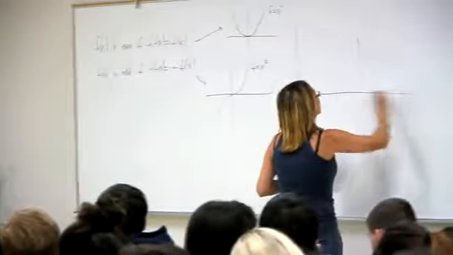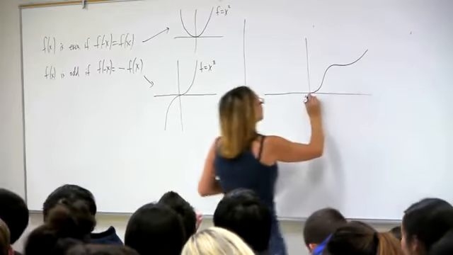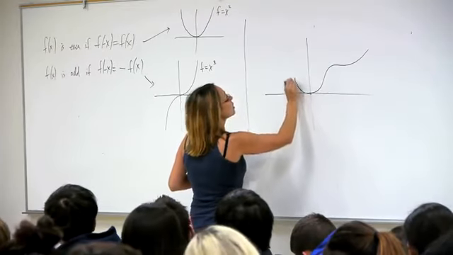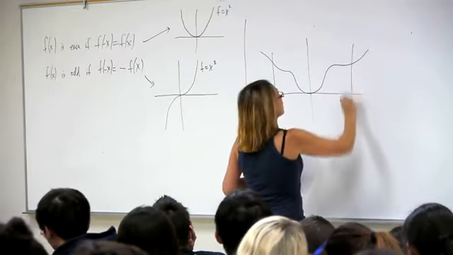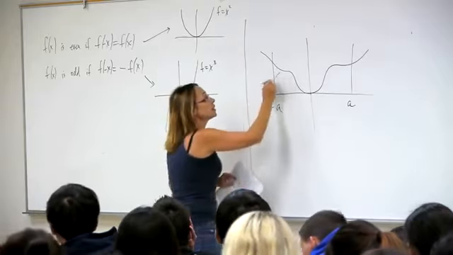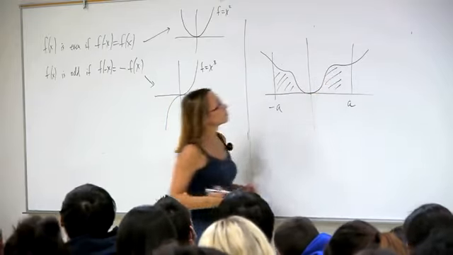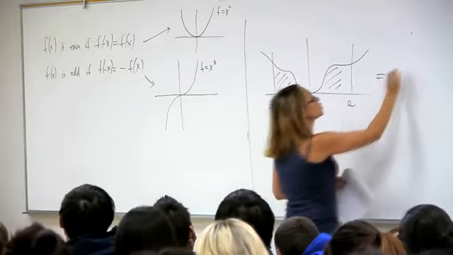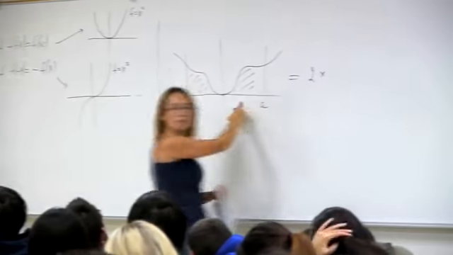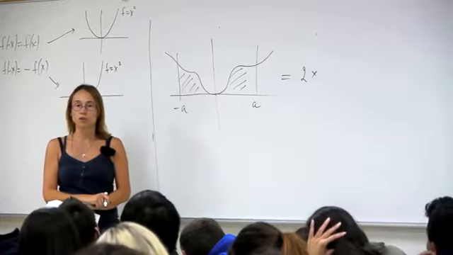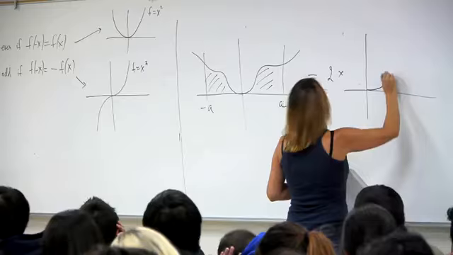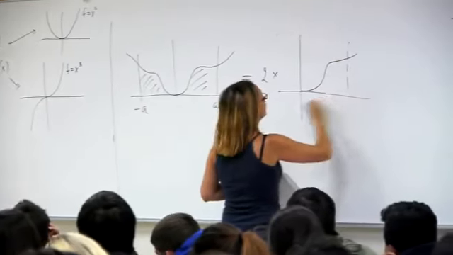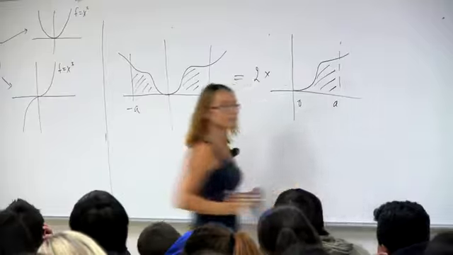It says that if I take something that looks symmetric with respect to the origin, from minus a to a, and I integrate it, this is the same as 2 times just the right half of this integration because of the symmetry. 2 times just this.